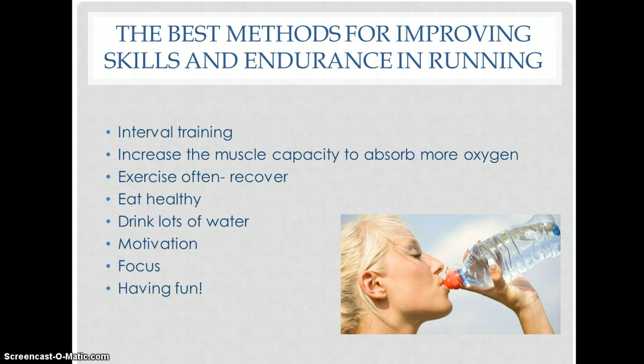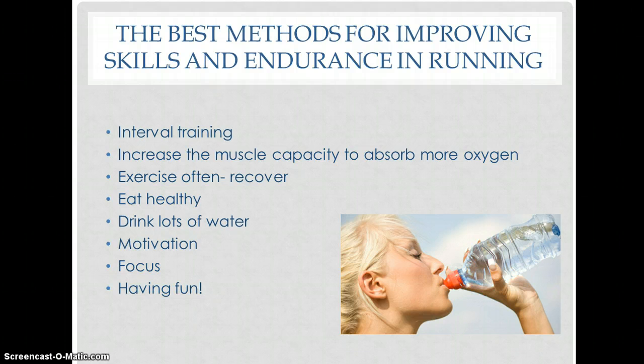The best method for improving skills and endurance in running is interval training. Interval training builds fitness, speed and endurance, and combines short and high intensity bursts of speed with slow recovery passes. This increases the muscle's capacity to absorb more oxygen.